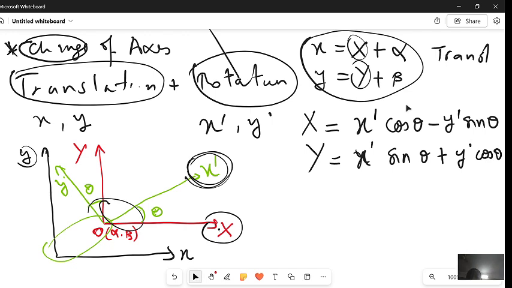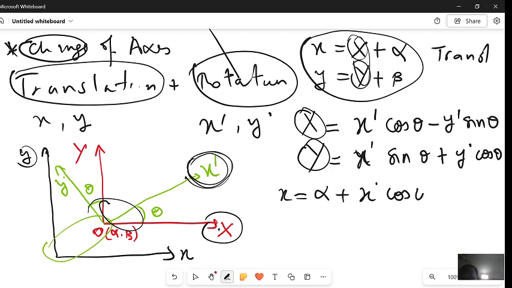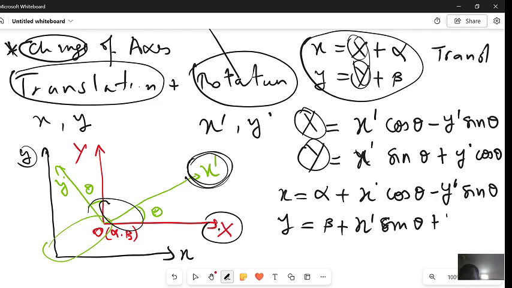I'm going to replace this value of X and Y in this equation. So now x equals alpha plus x prime cos theta minus y prime sin theta, and y equals beta plus x prime sin theta plus y prime cos theta.